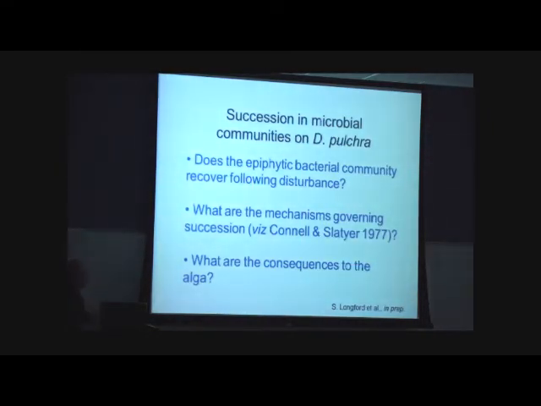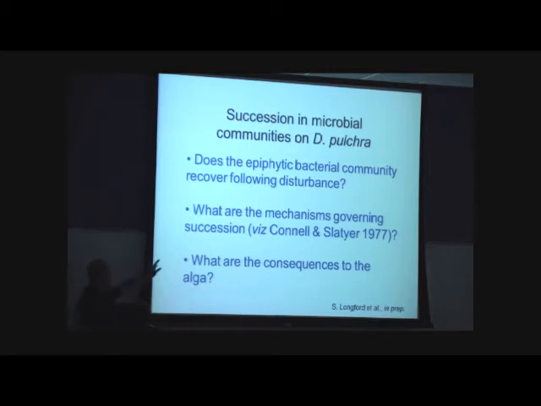Okay, so two things. What I've tried to do here is present some of the work that we're doing that draws on some of the concepts of eukaryotic ecology and then feeds back. Time is short, so it's going to be real snapshots. We have looked at succession of microbial communities on Delisea pulchra, trying to understand the pattern of recovery of microbial communities after disturbance, and the mechanisms governing the succession.